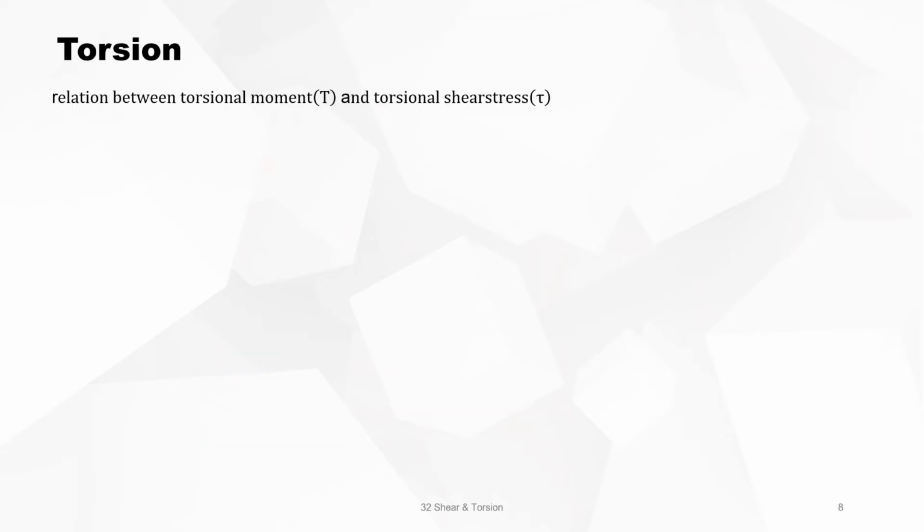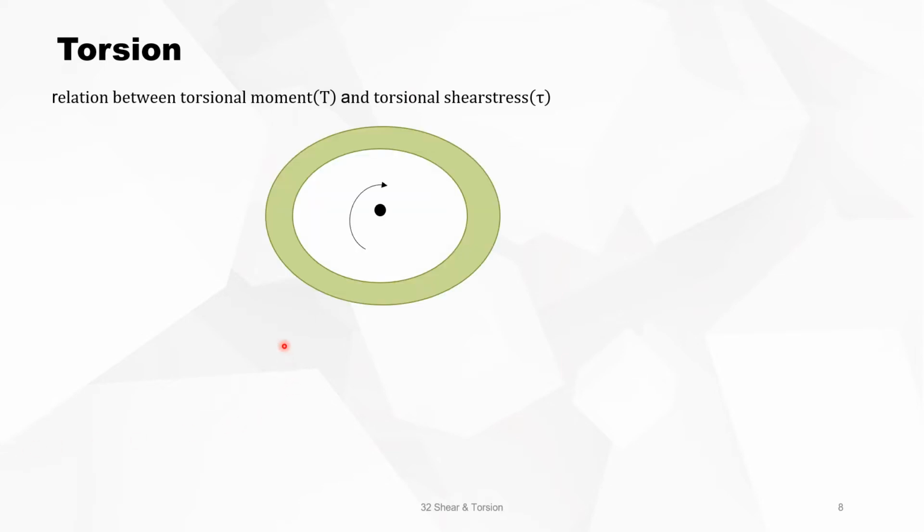The relation between torsional moment and torsional shear stress is as follows. If you have a cross section, you have the point of gravity in the middle, and you have the radius r. r is not a constant, it's varying. And you have the width t, which is also varying.